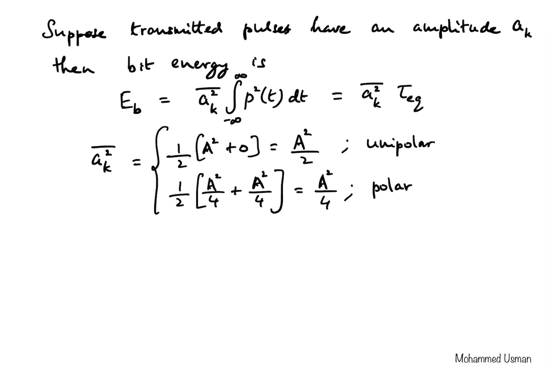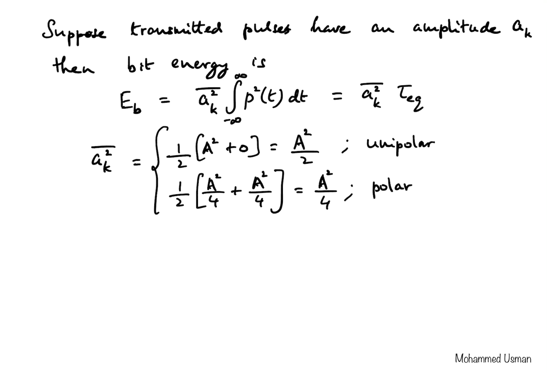Okay, so we now have what this AK square term denotes for the unipolar case and for the polar case. And the bit energy is given by the AK square term times tau equivalent, which is the energy of the corresponding rectangular pulse of unit amplitude.